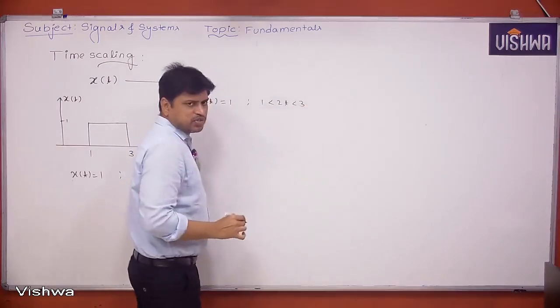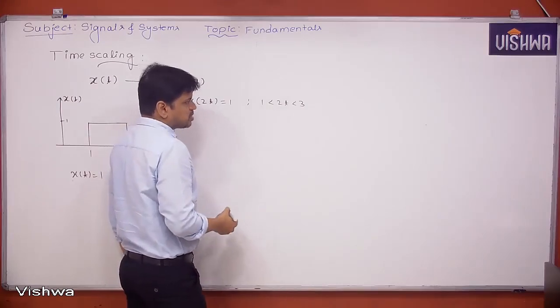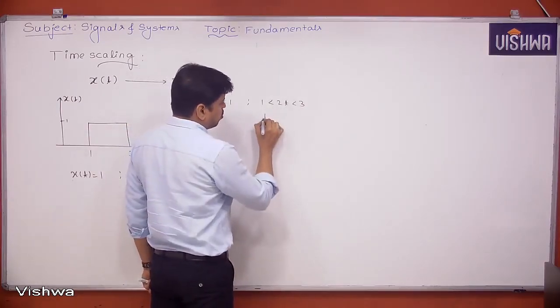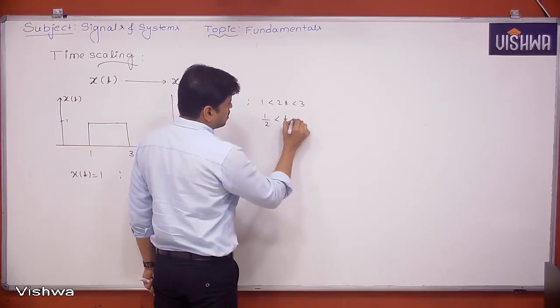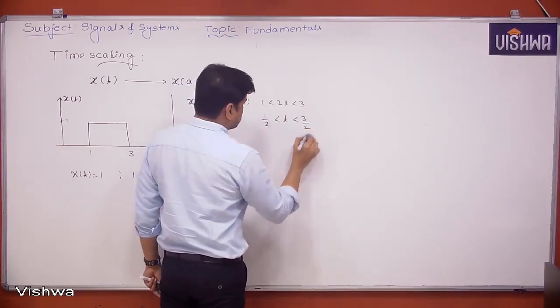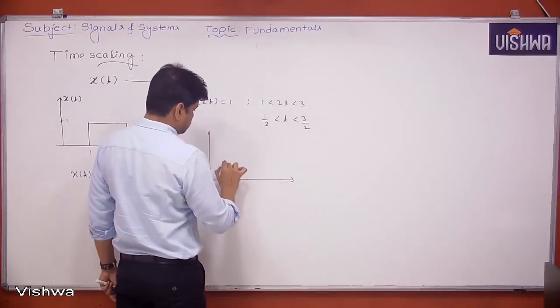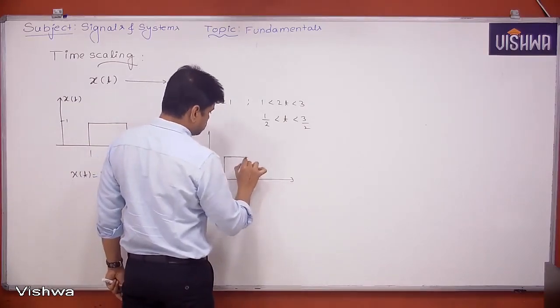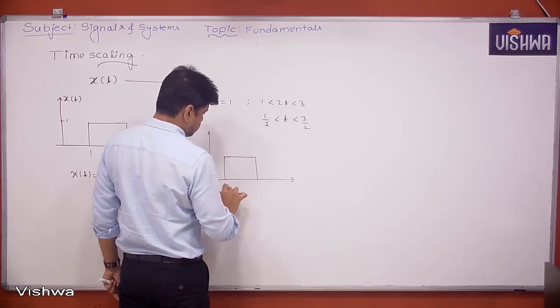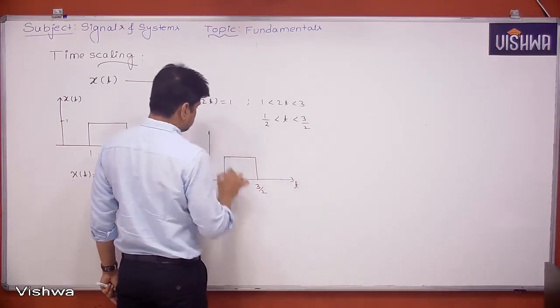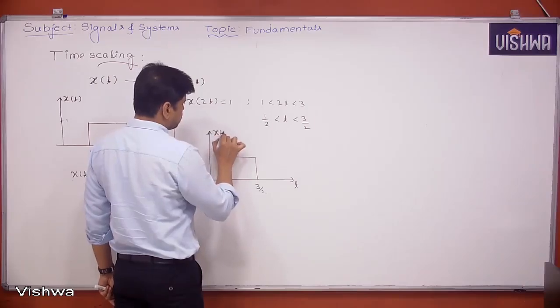These are the limits of 2t, but we require the limits of t. Then divide each instant by 2. Then 1 by 2 is less than t less than 3 by 2. If I draw the signal, how does it look? Between 1 by 2 and 3 by 2. This is x of 2t.